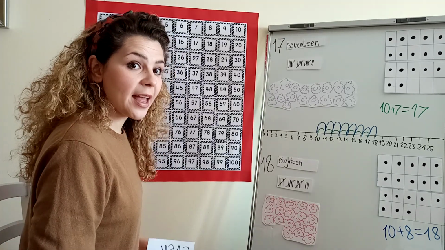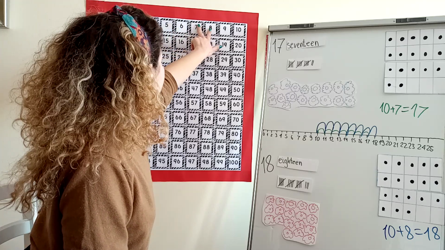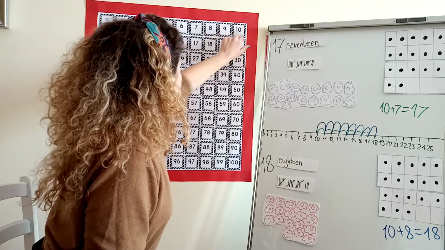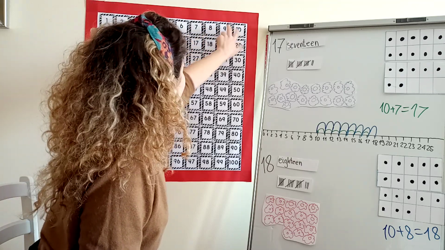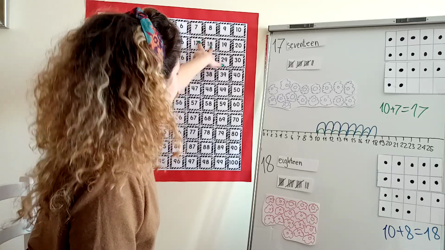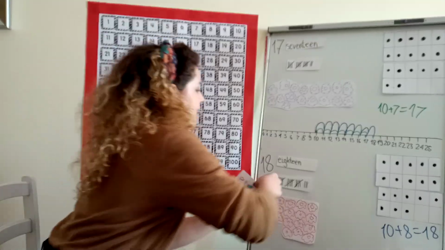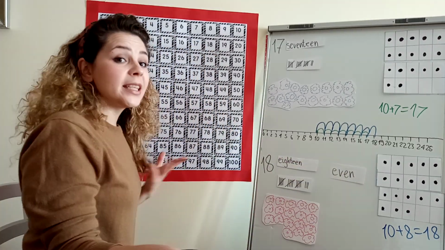I'm just going to count that again. Check. 2, 4, 6, oh, what am I talking about? Sorry. 2, 4, 6, 8, 10, 12, 14, 16, 18. Okay, so 18 is an even number. Okay, and 17 is odd.